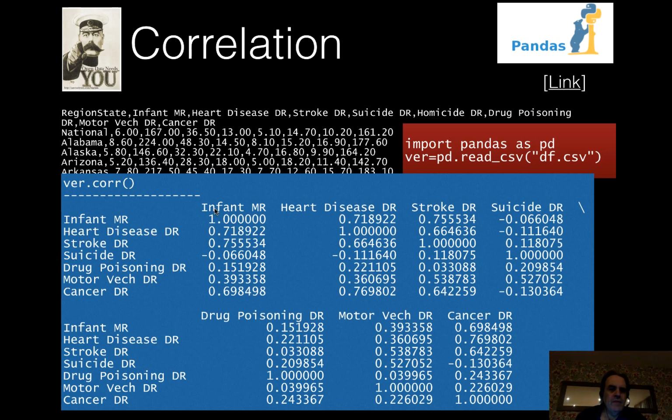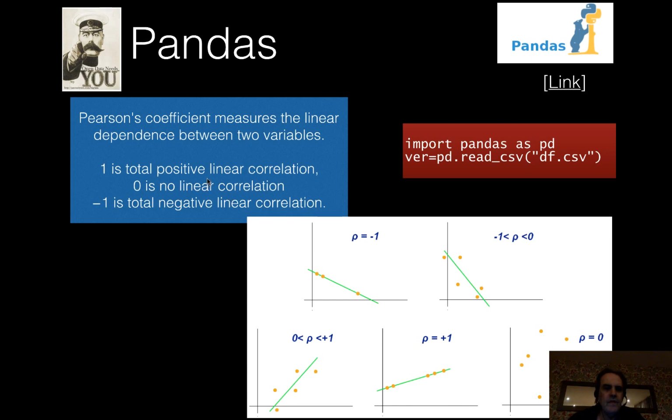But as we can see, heart disease has a correlation factor of 0.718922 with the infant mortality rate. And it's this value that we use to see if we can find a correlation between the values.